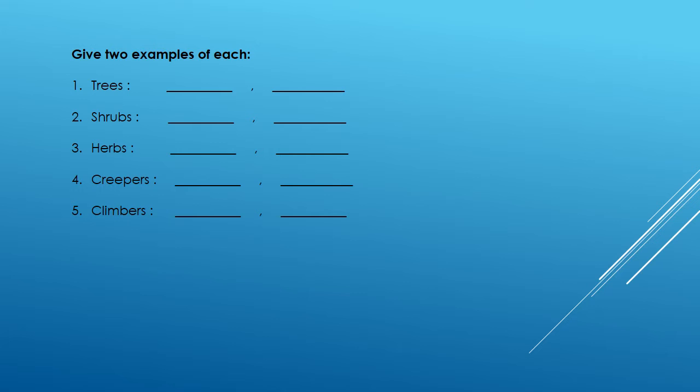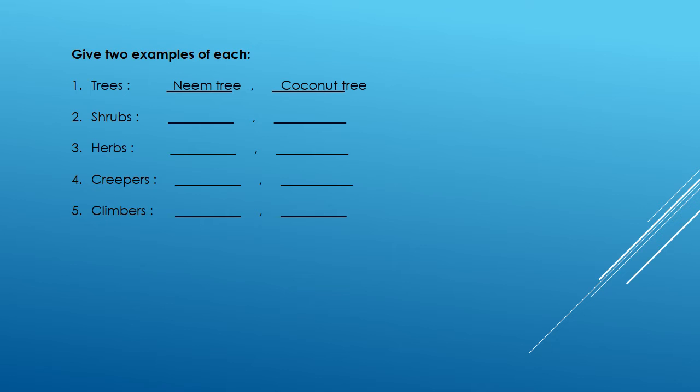Next question is, give two examples of each. First, trees. Second, shrubs. Third, herbs. Fourth, creepers. Fifth, climbers. Two examples of trees are neem tree and coconut tree.